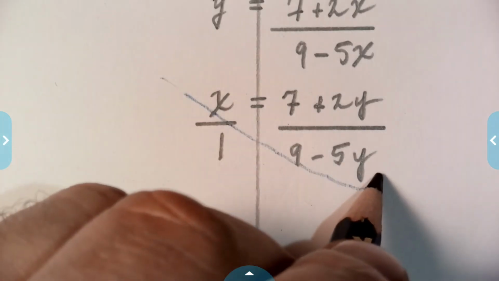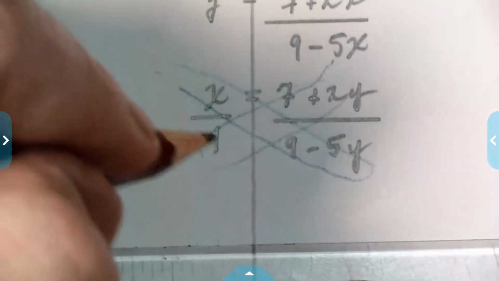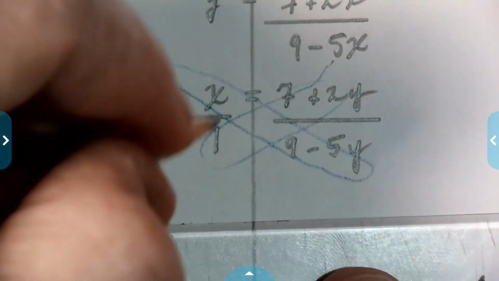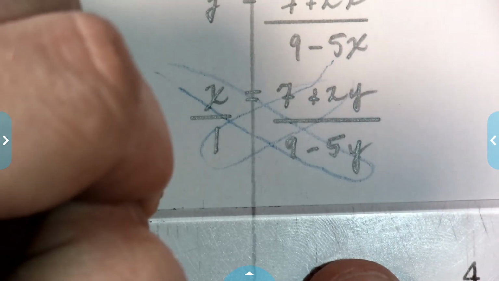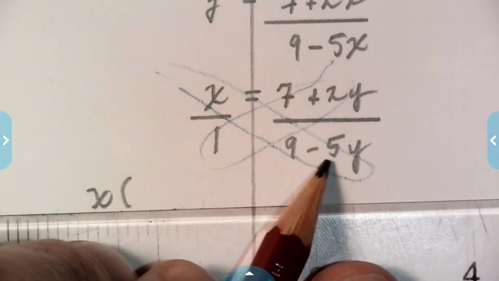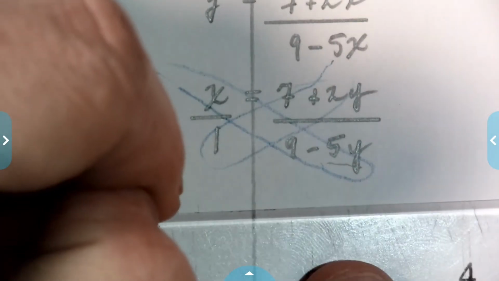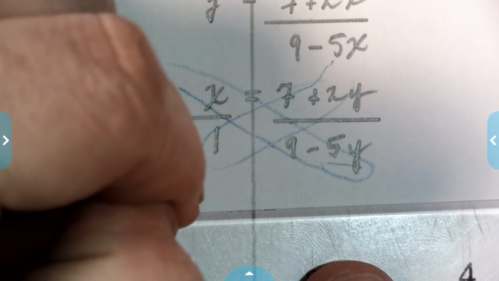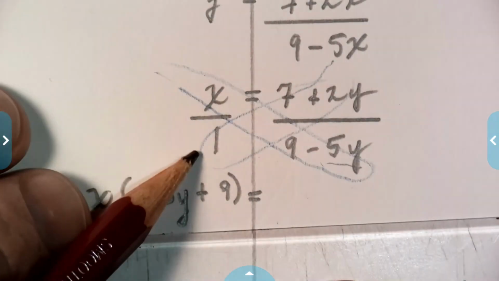All right, so like this, and then like that, okay? So this is obviously the more salient issue here. This is going to be the x, open parentheses, and then I'm going to write negative 5y plus 9 just to get the variable up front, equals, and this is just 1, so I'll just write this 7 plus 2y.